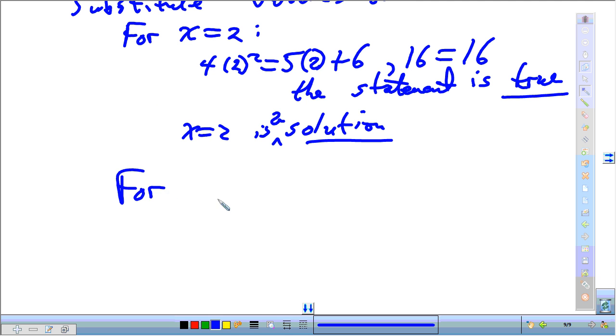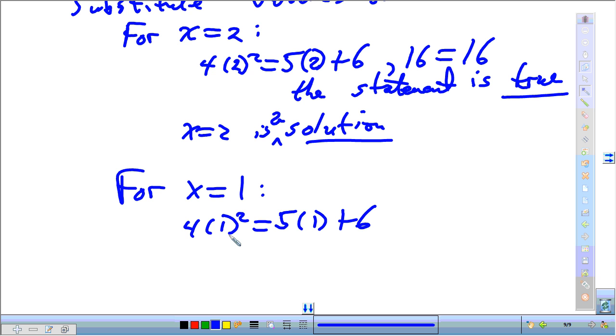It's also possible that if we put in x equals 1 as a substitution, then it's 4 times 1 squared is equal to 5 times 1 plus 6. So we still get a statement. We look at the result. 4 on the left is equal to 11 on the right.